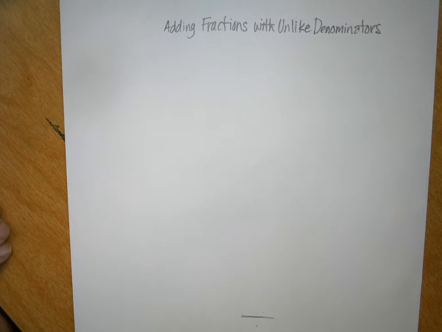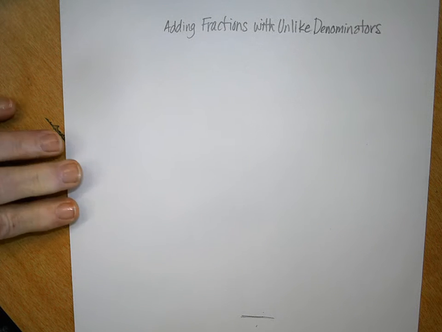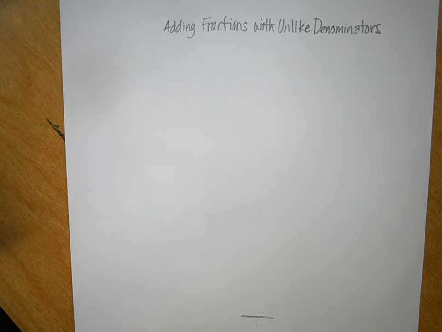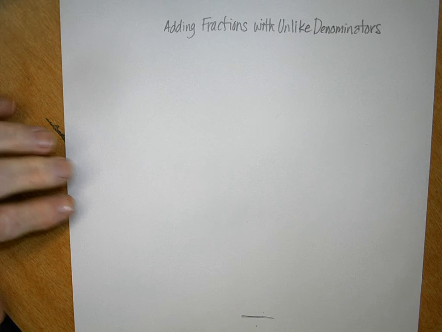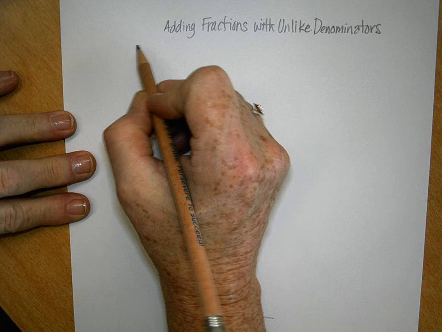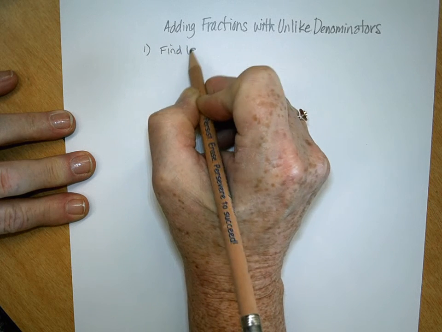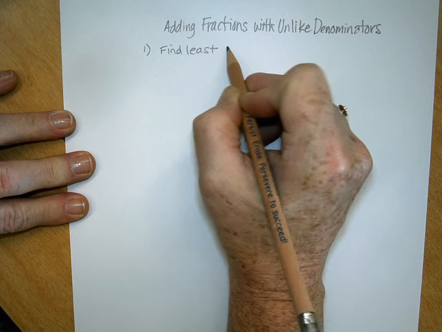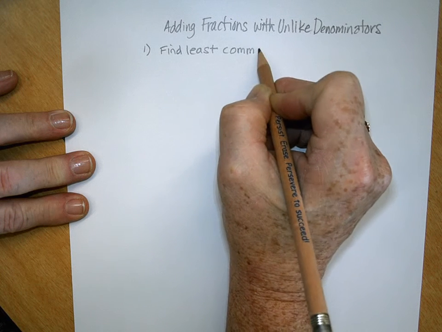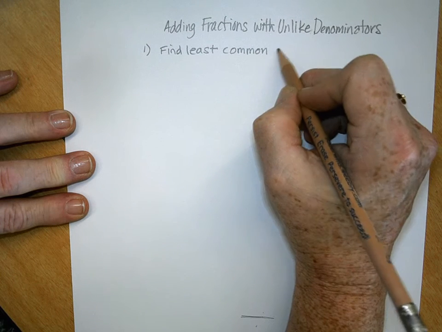So we're going to begin adding fractions with unlike denominators. To add fractions with unlike denominators, first I find the least common denominator. Sometimes we call that the LCD.